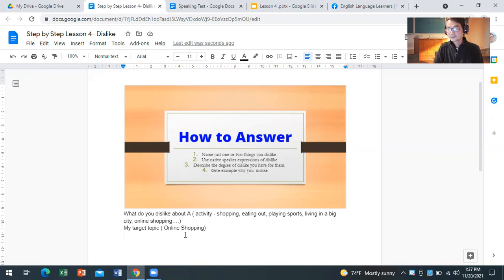Okay, so first of all, think of the topic, right? So that's the first thing to do. All right, number two, use native speaker expressions of the slide.